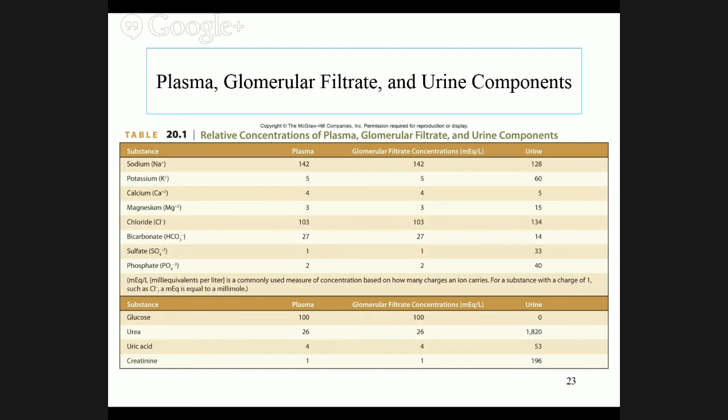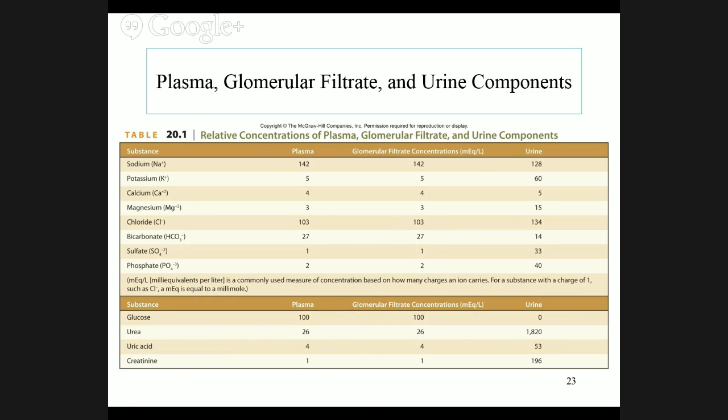Here's a look at plasma, the filtrate, and the urine components. As you can see, sodium is the same concentration in plasma and the filtrate. 128 milliequivalents in the urine.